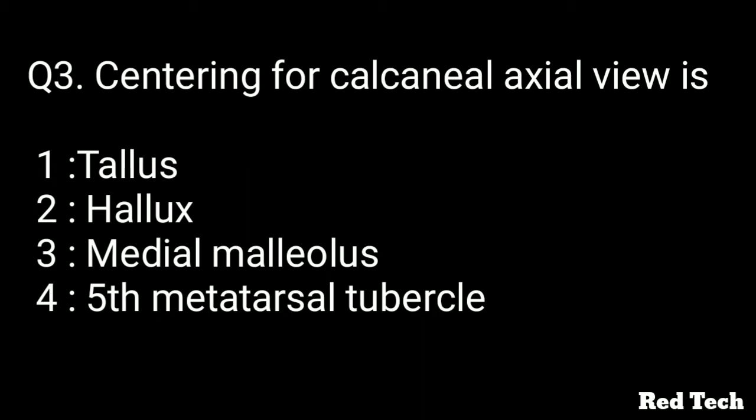So the calcaneal axial view is basically done for the calcaneum bone, which is done when you take a cloth, or you can say a strip, bind it on the foot and stretch it towards the body, and you must stretch the leg in the ankle AP position basically. So the centering will be on the fifth metatarsal tubercle.